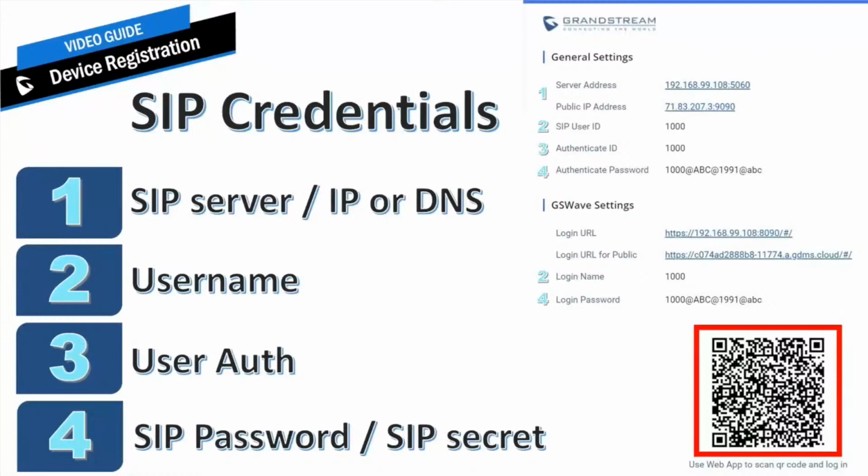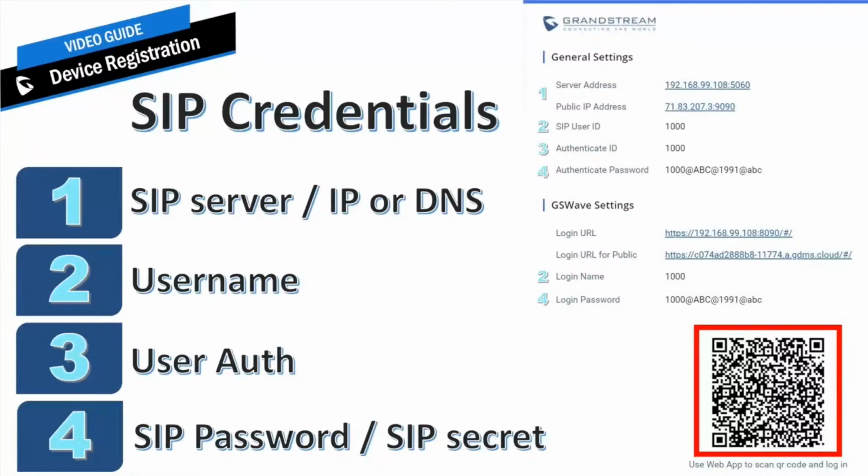The SIP server is either an IP address or a domain. The user is usually the extension number or the local number or sometimes an actual username. It is used to determine who you are in the system, whether it is hosted, cloud, or on-premise PBX.